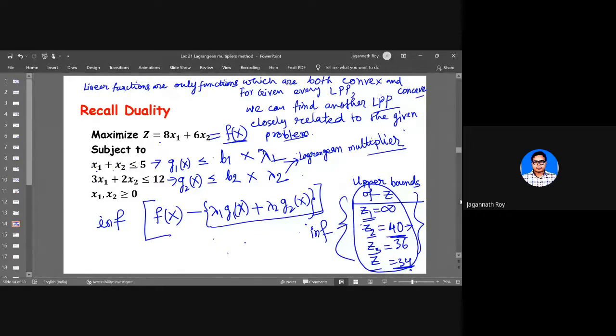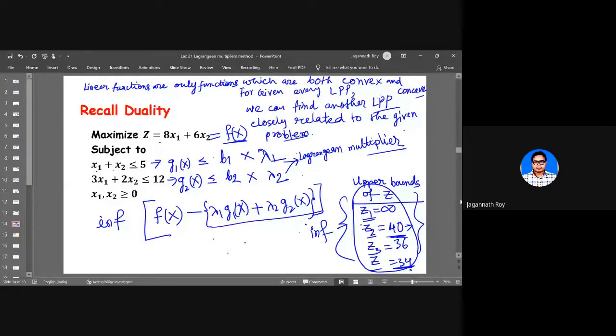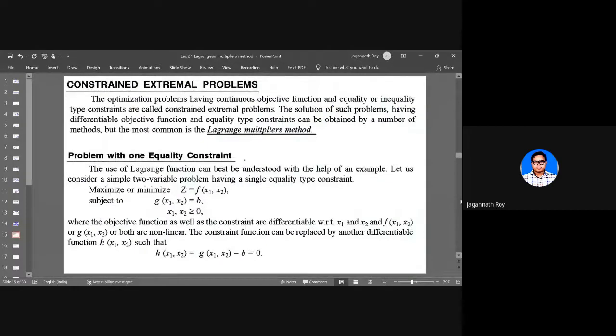So let us define formally for the non-linear case. For the linear case, we have seen that for any given linear problem we can find another linear problem, and now we are telling that this is actually the Lagrangian dual. So this particular process is called dualization. This method is also known as the Lagrangian multipliers method.